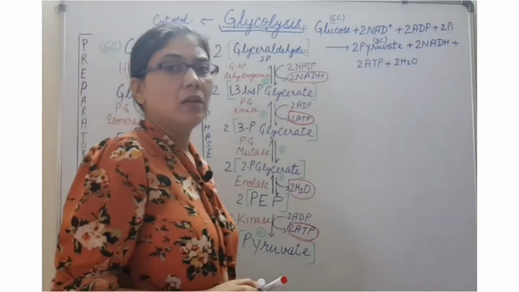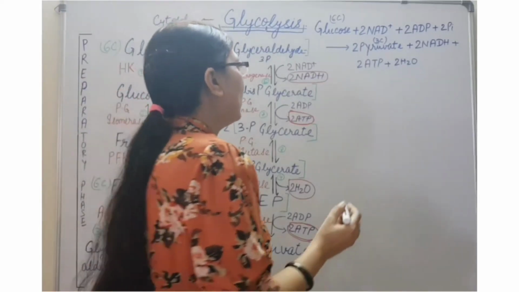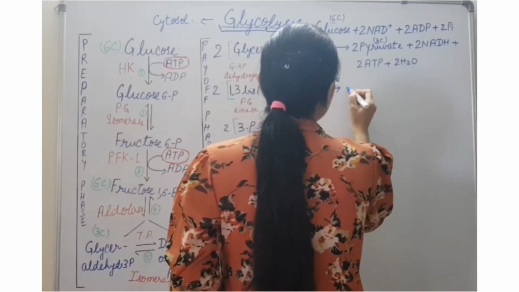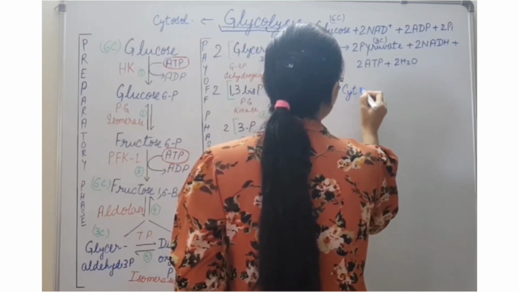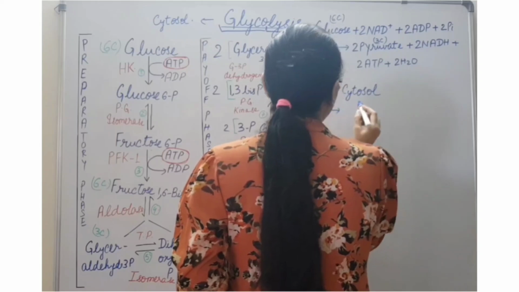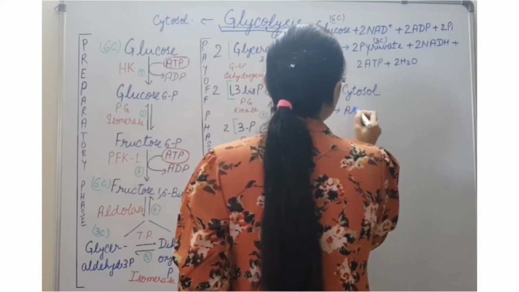Now, some of the important facts of glycolysis. The enzymes of glycolysis are present in the cytosol, so it takes place in the cytosol. It takes place in all cells.